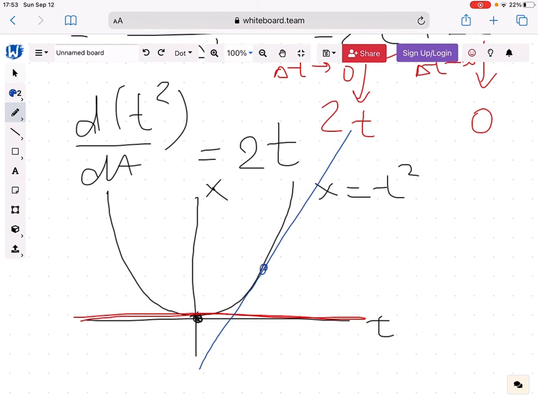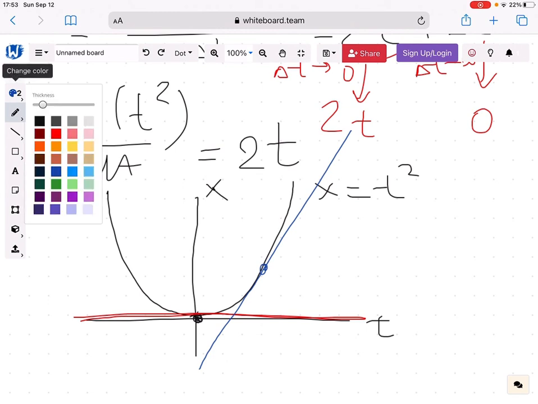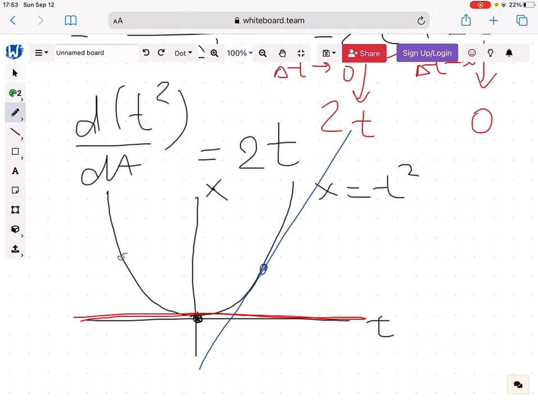On the other hand, if you look at t less than 0, the formula tells us the derivative should be negative. If we pick a slope here of the line that touches our parabola, that line is going down, so the slope of this line is negative. So again, it fits the formula.